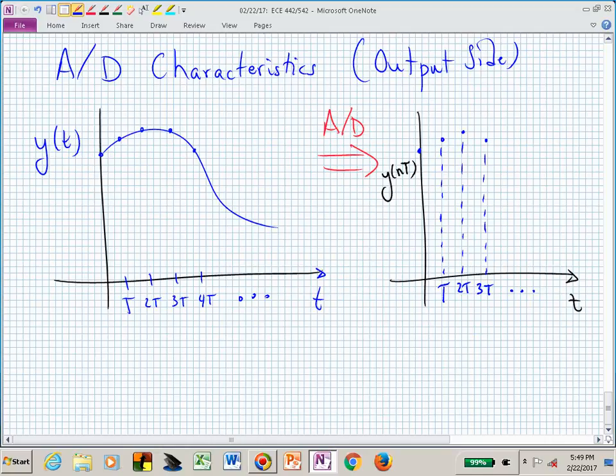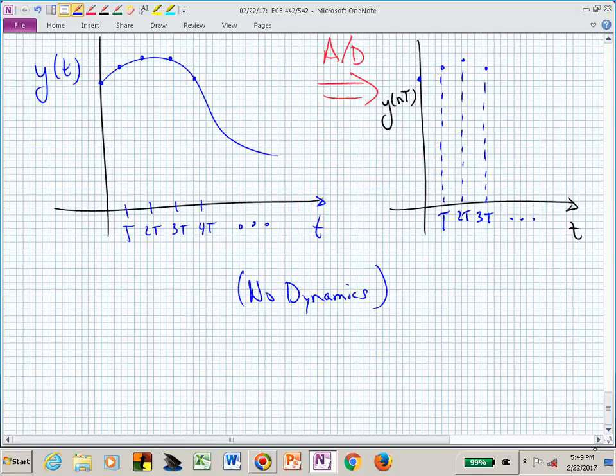There's no dynamics. So this one's easy. We don't have to really worry about what we are going to implement or introduce other than the sampling process. There's no dynamic. We're not going to change the G of S in any way by this particular output side characteristic.